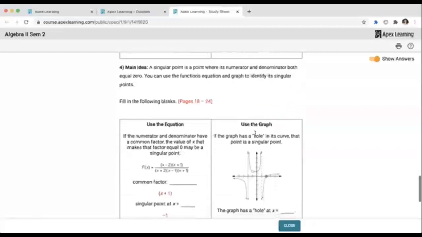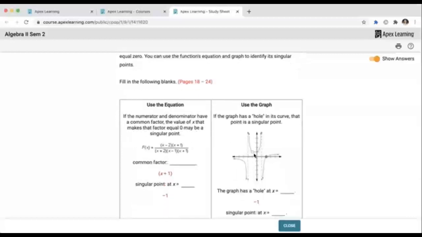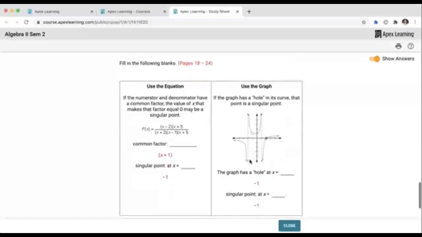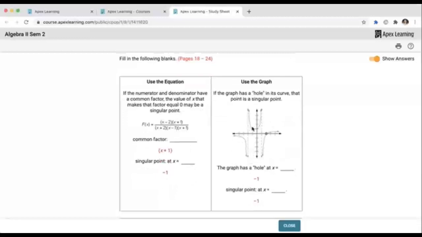The last thing we talked about is a singular point where the numerator and the denominator both equal 0. That's where we have this hole. We draw the hole as if it's the point where the two graphs were coming together. That sliding tool showed us it looks like they're going to touch at this one point if I kept going closer and closer to that asymptote.